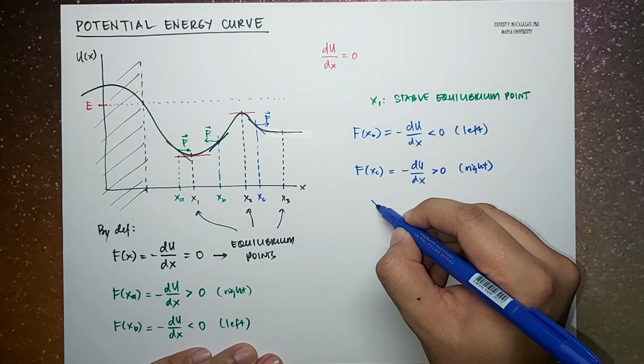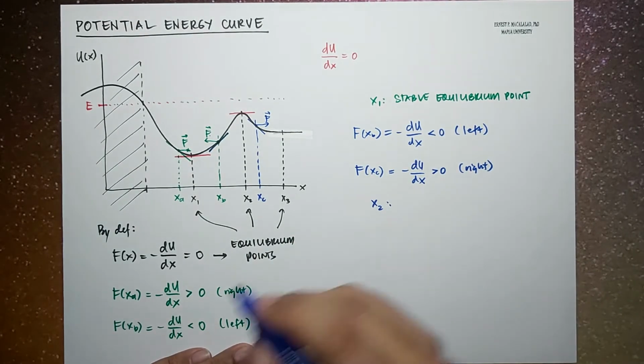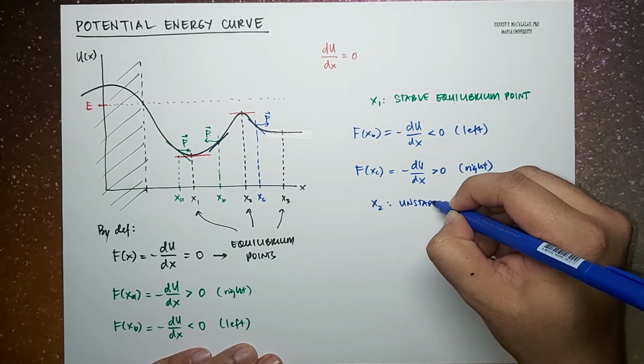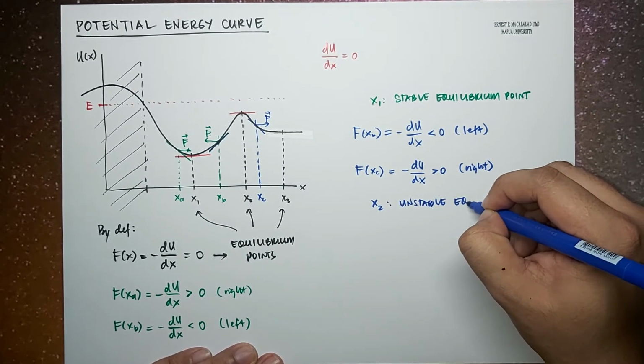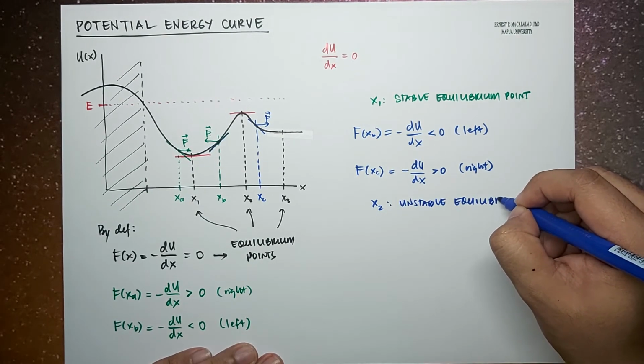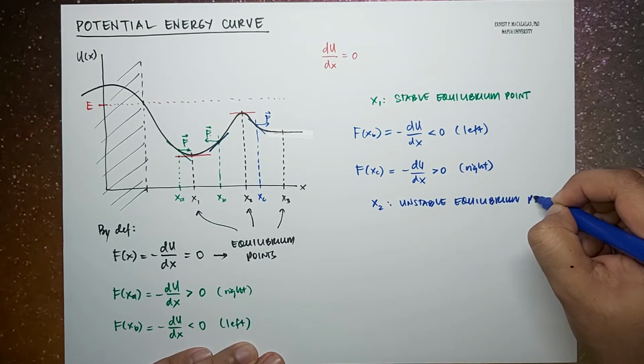That's why we call x2 an unstable equilibrium point.